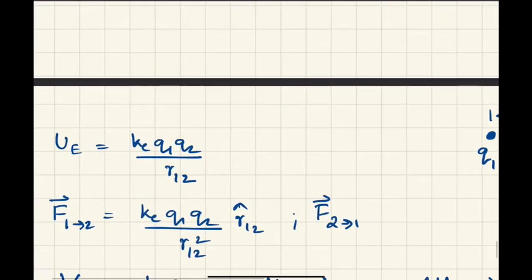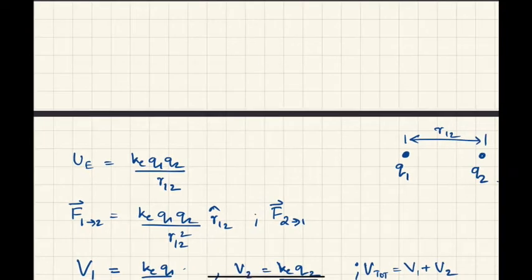Now, the force, we know, is the Coulomb force. So the force experienced by particle 2 due to particle 1 is simply given as Kc Q1 Q2 by r12 squared, and then you have the vector r12 hat, the unit vector.